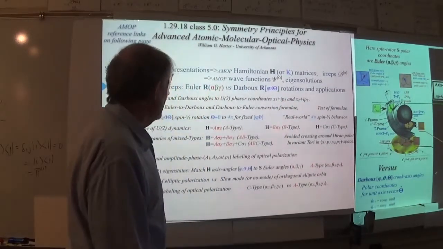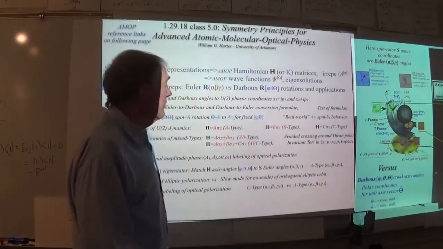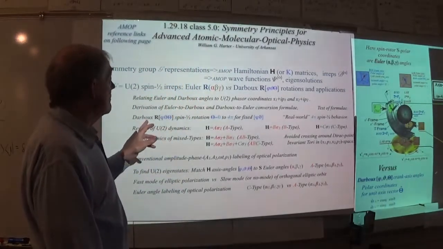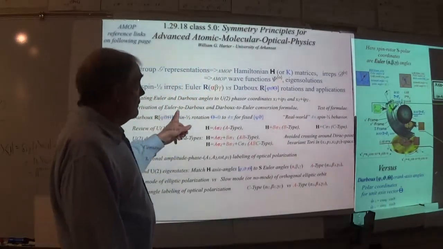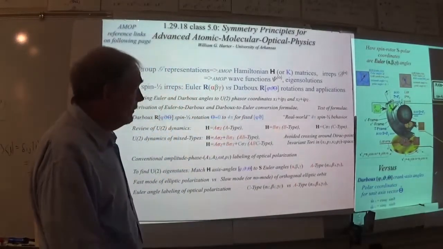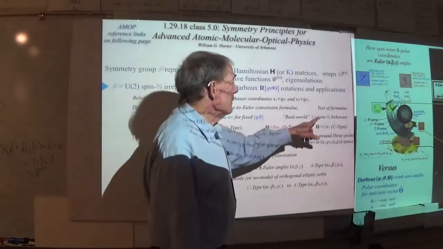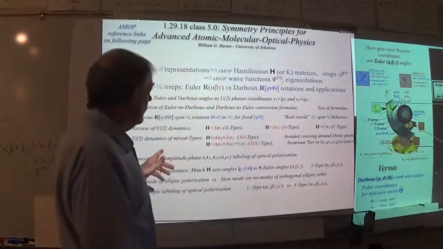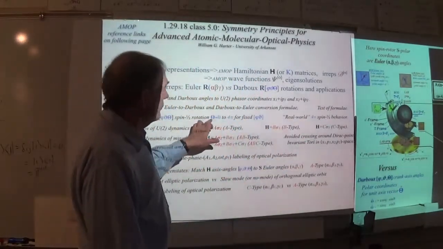So that's something we've already talked about, but it doesn't hurt to go over it again. And then we need a conversion between these two kinds of coordinates for various things. And we want to test that and then actually use it in rotating something.